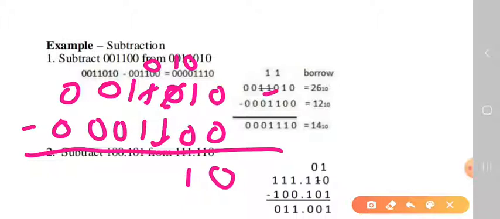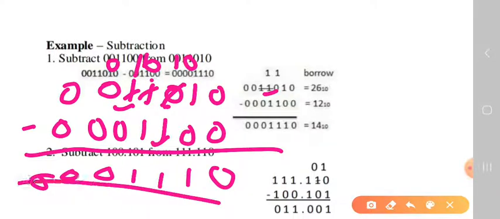And when 1 is subtracted from 10, you will get a 1 over here. Here also you see, now 1 is converted into 0. Again you take 1 borrow from here, this number will be 10 and this will be 0. And when 1 is subtracted from 10, you will get a 1. Then again these numbers are like that: 1 1 0 0.